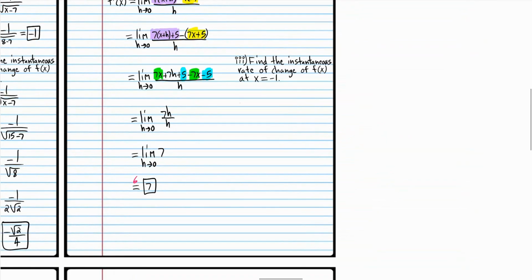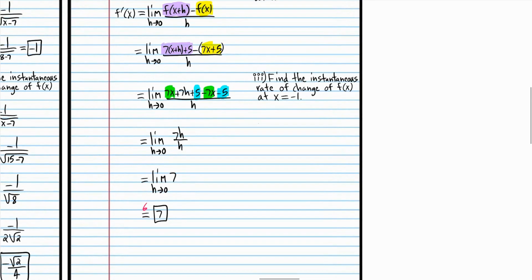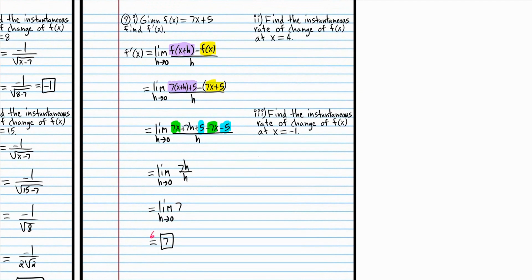If you want to think about it that way geometrically. So the rate of change of the function is 7. It's always 7. Doesn't matter what the x value is, but that's the way it should be, because this is a linear function, which means that the rate of change of the function is the same for all x values. So it doesn't matter what x value you plug in, you're going to get a rate of change that's equal to 7.